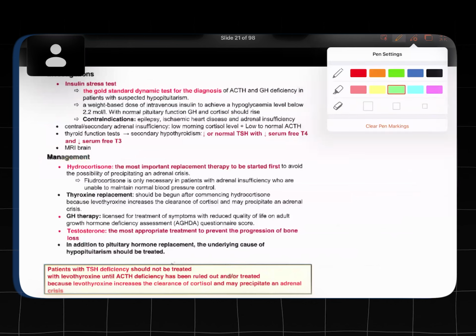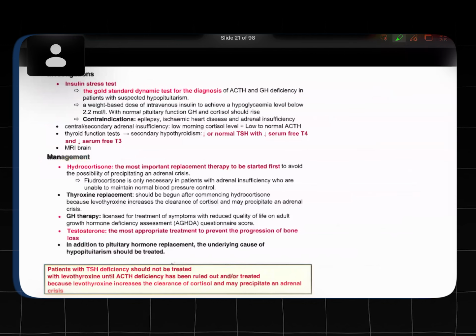Suppose now you are suspecting that the patient is suffering from combined ACTH and growth hormone deficiency. So what do you do? You can measure the ACTH level separately, or you can do the insulin stress test. With a normal pituitary function, the growth hormone and the cortisol level should rise. Otherwise, there is a deficiency of growth hormone and cortisol or ACTH.